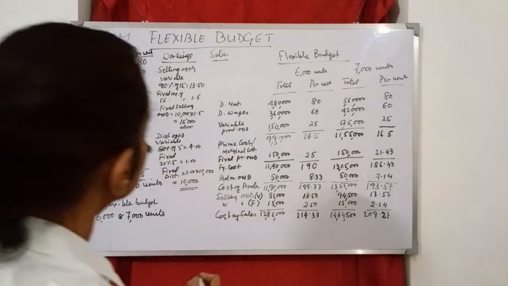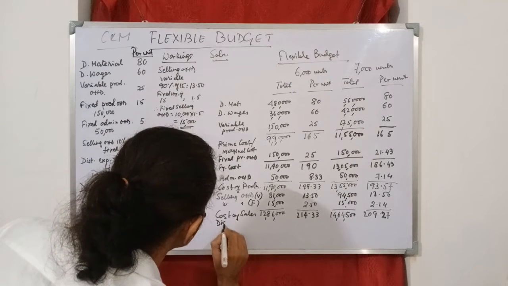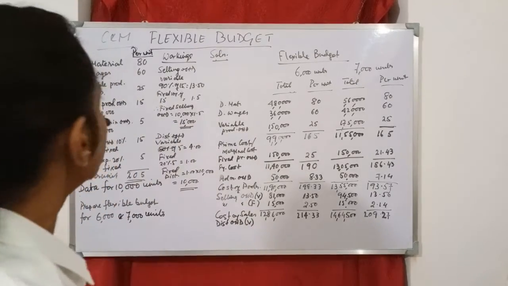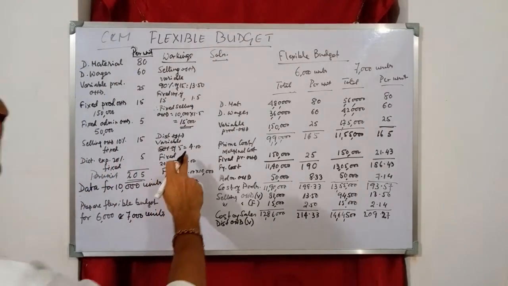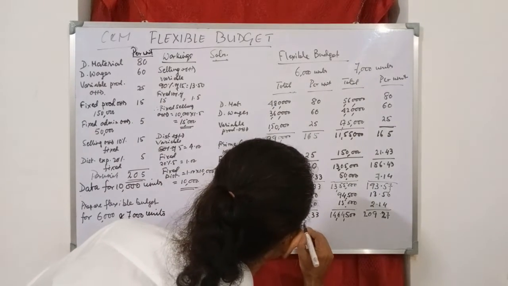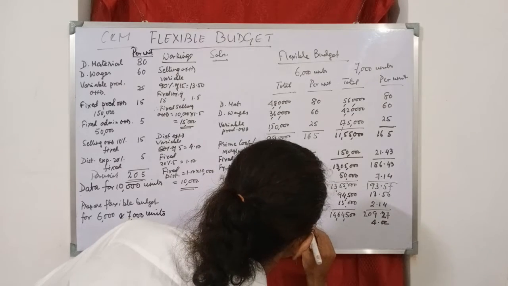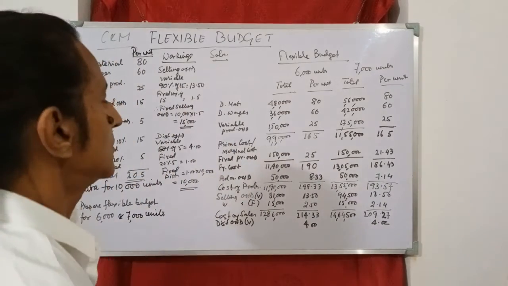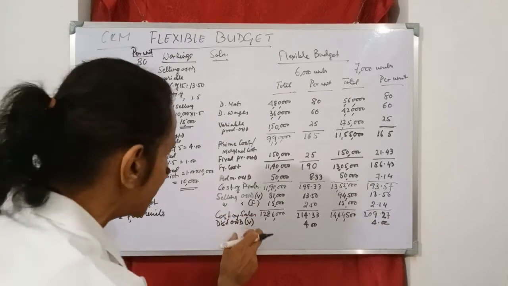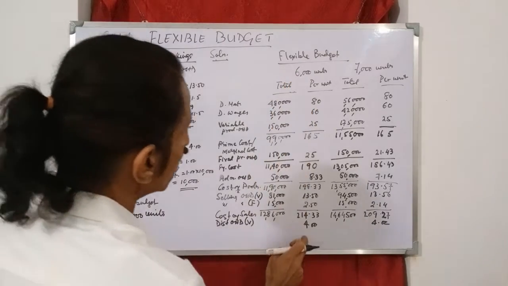Now what is left? We have to add the distribution overhead, distribution expenses. How much is the variable part? The variable part is 4 per unit. So we add 4 per unit in the unit column. To find the total variable distribution overhead for 6,000 units, we multiply 6,000 by 4.